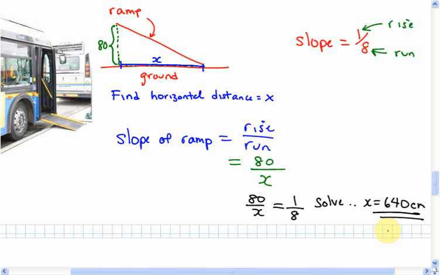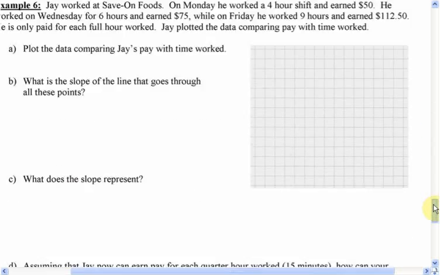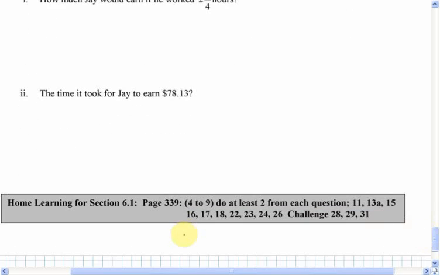Okay, ladies and gentlemen, I'd like us to modify your homework assignment. Can you please turn to the last page? I'm going to ask you to do page 339, but let's just do up to number 15.